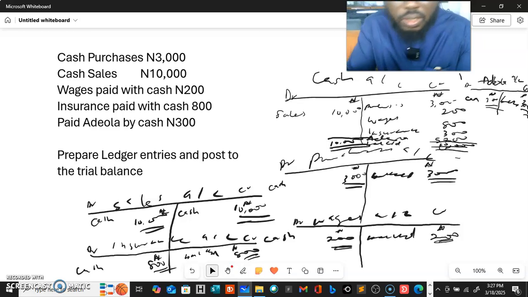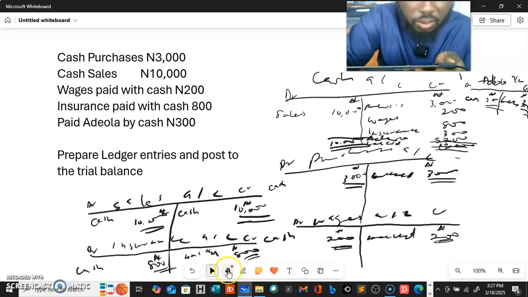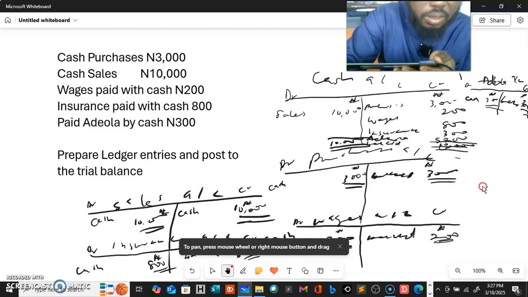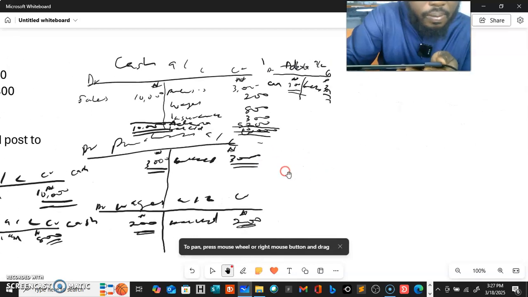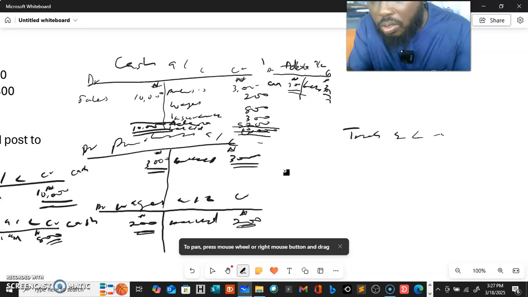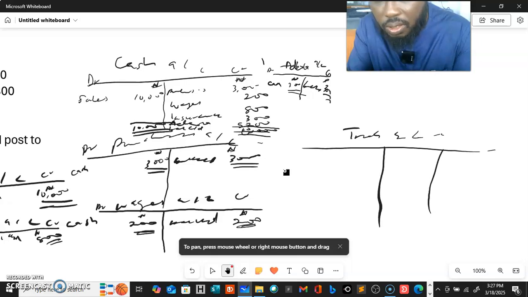So let us now go ahead and work on the trial balance. Let us quickly draw the trial balance and post directly to it. I'm going to try to manage the time. We have the two sides, debits and credits.